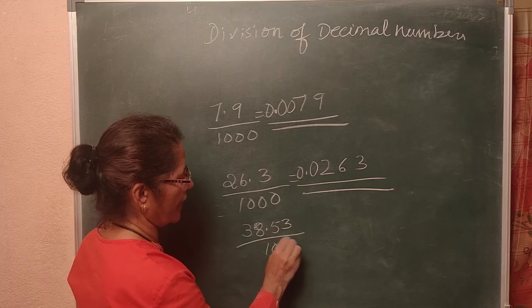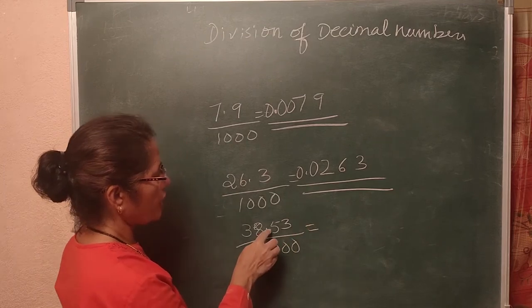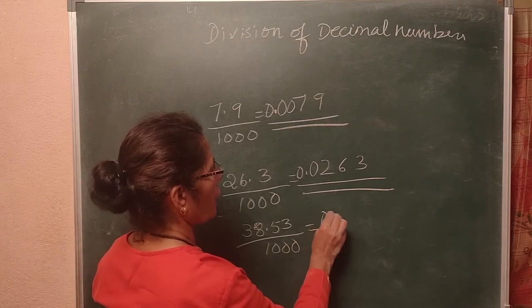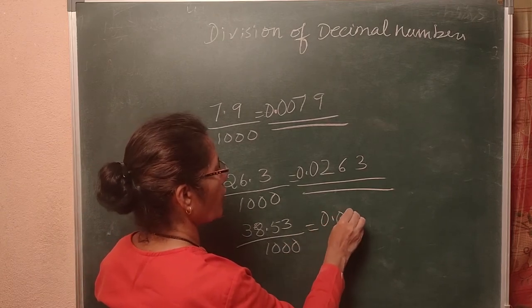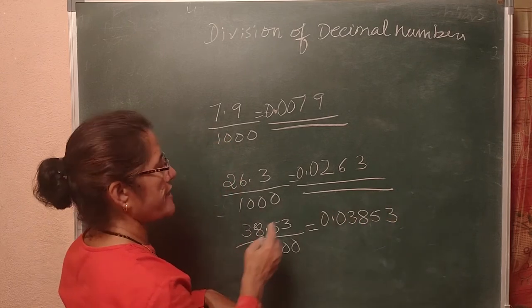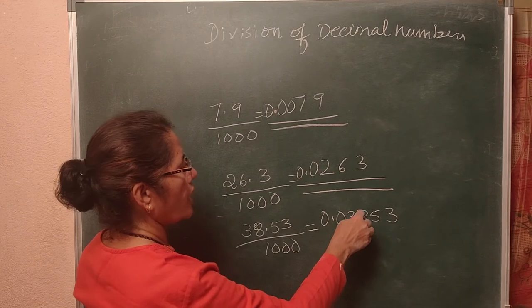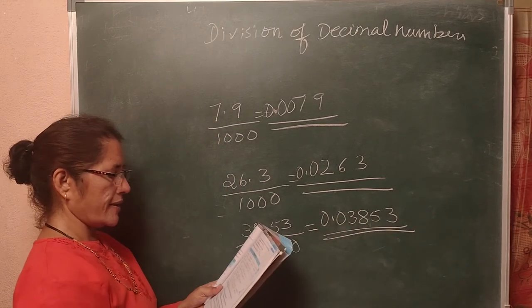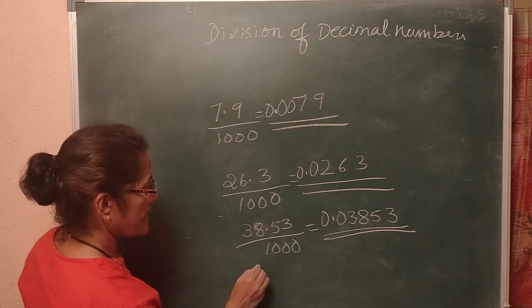Can you tell me, children? Yes, 0.03853. After doing that, you see, it was here, 1, 2, 3. Correct.